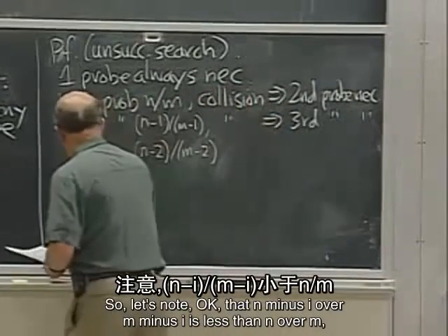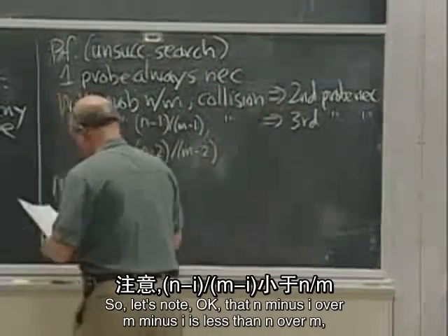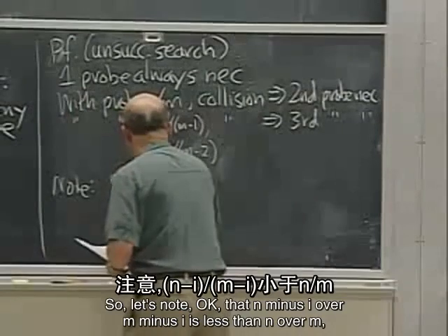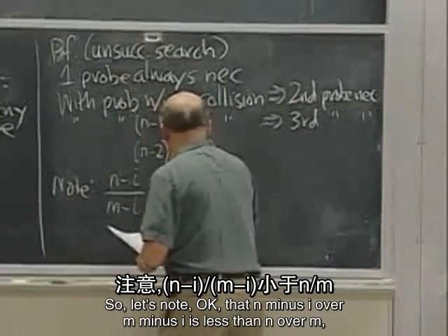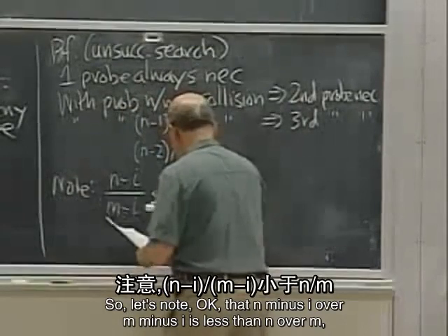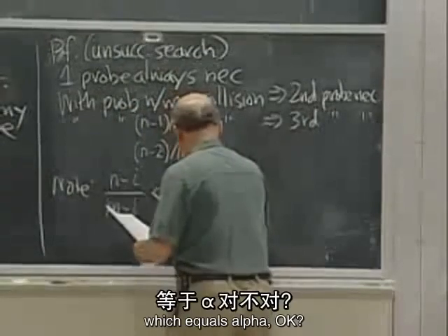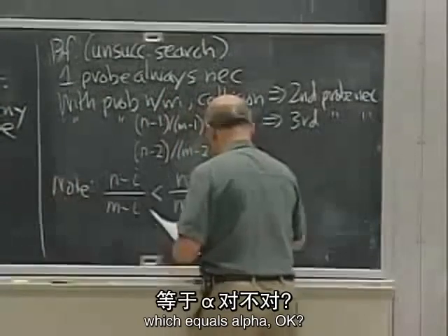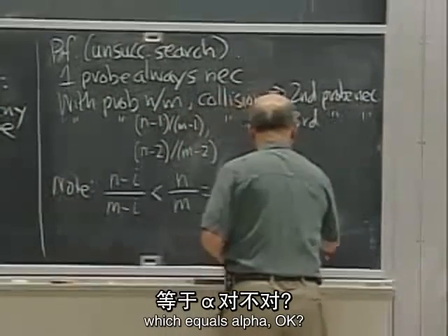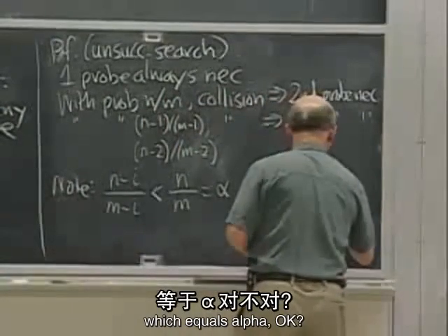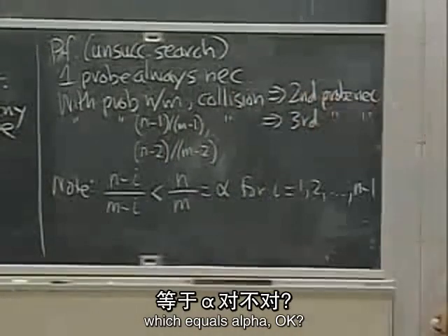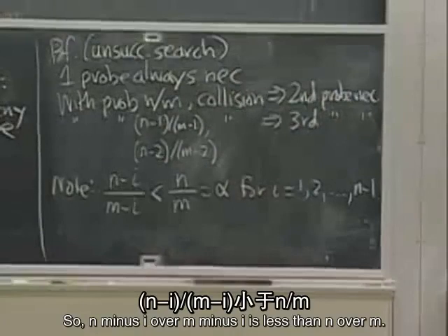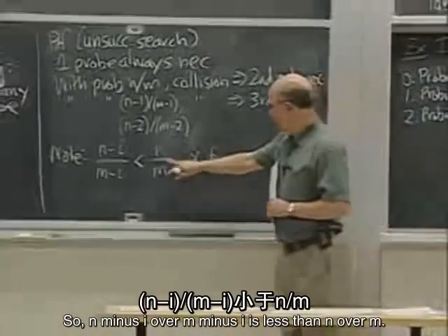So let's note that n minus i over m minus i is less than or equal to n over m, which equals alpha. Okay.